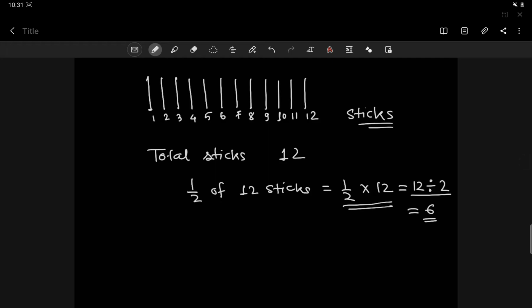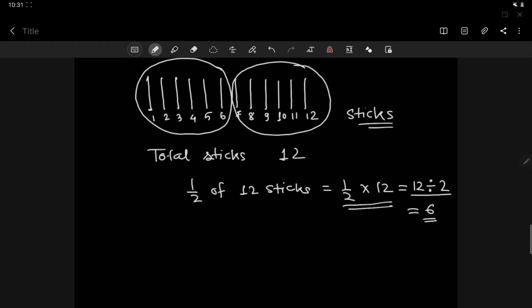So when you are finding half of the total items or half of the whole, you just divide by 2. For this question, the total sticks are 12, but I need half of 12 sticks. So I just divide into 2 equal parts, and each part will contain 6 sticks. That's why you will get 6.